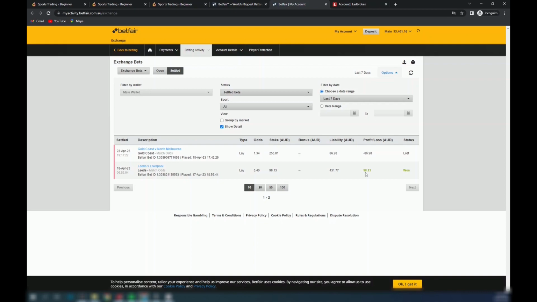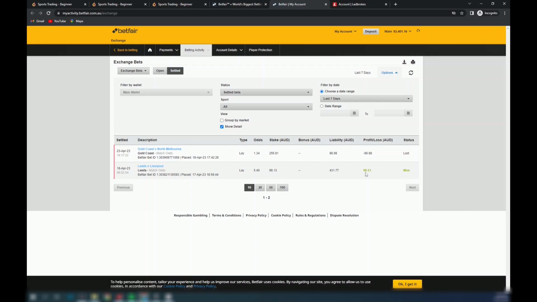I'm not sure why Betfair does this, but they don't include the commission for one reason or another on the historical bets. But that's okay. We take our $98.13, it says here, and we times that by 0.95 to get the return minus the commission that Betfair takes.